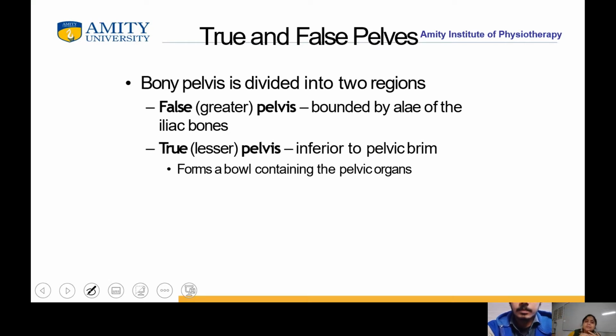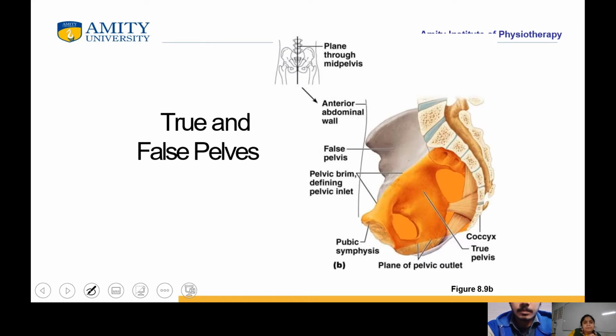It is only the true or the lesser pelvis which is having accommodation for the pelvic organs. So what are these pelvic organs? Pelvic organs are those organs which are helping in bowel and bladder functioning. So this is the false pelvis. This is the true pelvis.